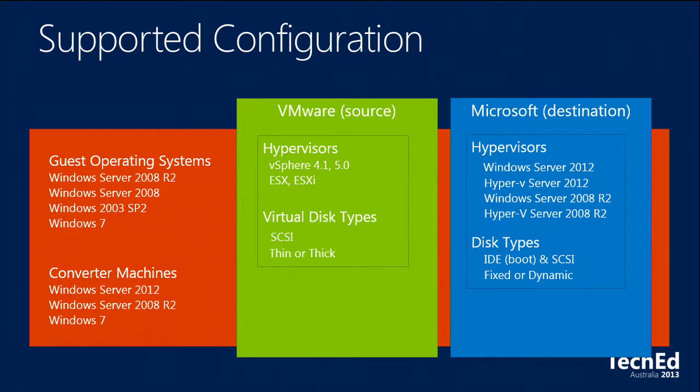A couple of things to note: the source disks, the virtual disks of the guests that it converts, have to be SCSI, not IDE, but it does support both thin and thick provisioned virtual disks. And the destination in Hyper-V can also be fixed or dynamic, so thin or thick disks, although there's a little gotcha with that we'll cover later.